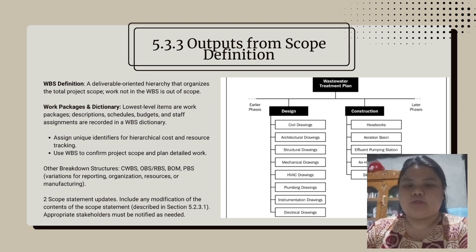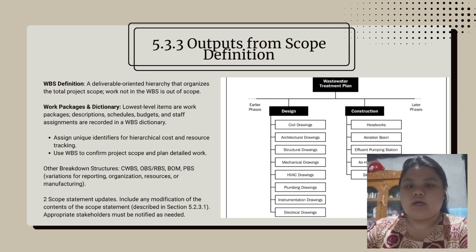Other breakdown structures: CWBS, OBS, RBS, BOM, PBS, variations for reporting, organization, resources, or manufacturing. Second, scope statement updates include any modification of the contents of the scope statement.